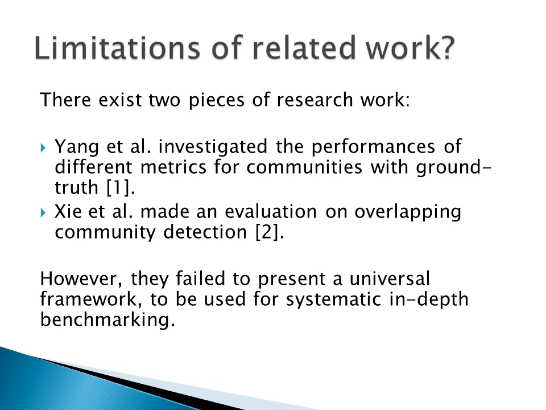While these studies are similar, they fail to present a universal framework to be used for systematic, in-depth benchmarking. So it's difficult to compare and contrast when the benchmark for this topic simply doesn't exist. And so that's what this paper strives to do.